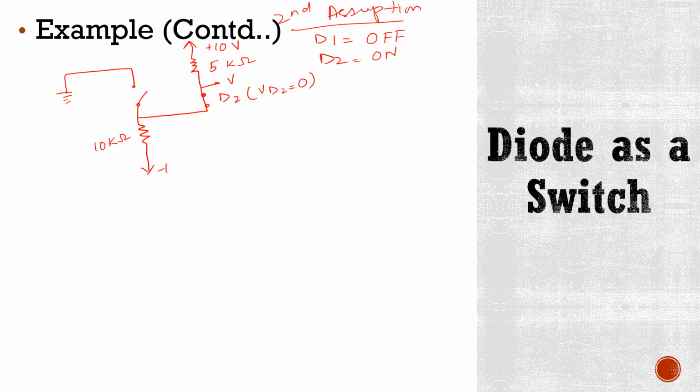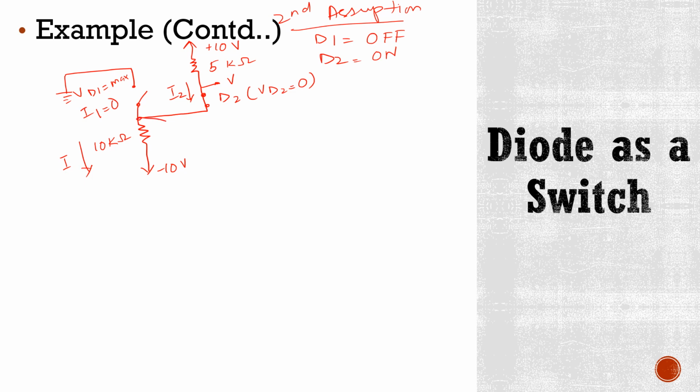This is minus 10 volts. Here current I is flowing in this direction. Here current I2 is flowing in this direction. We know that in case of reverse bias diode, current is 0 and voltage is maximum.